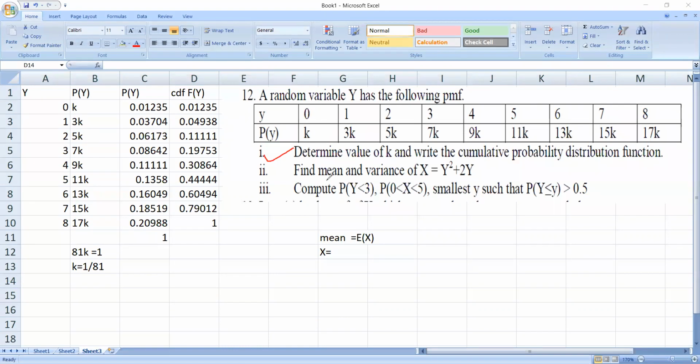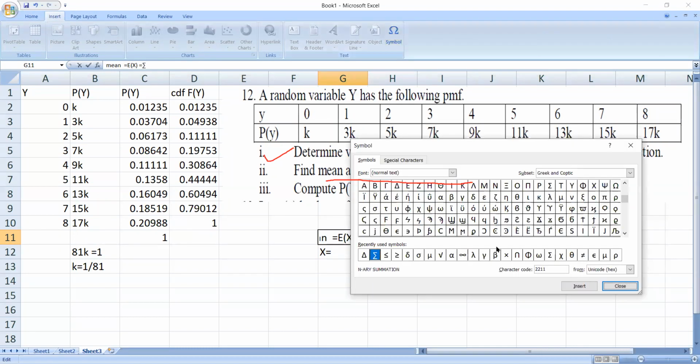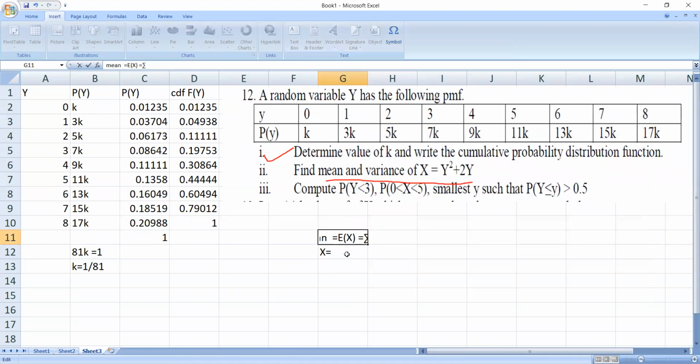Second question says find the mean and variance of x square. Mean is nothing but expectation of x, and expectation of x is equal to total of your p into x. Okay, so some answers are already coming.